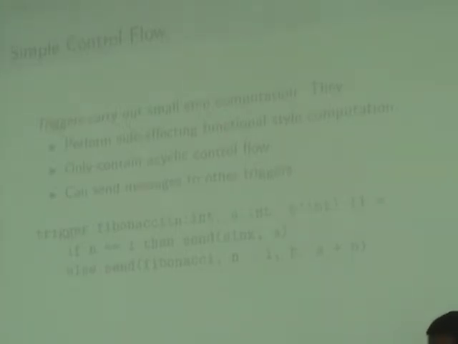A trigger is a function which accepts arguments and has access to a per process state. It can perform side-effecting operations on these arguments and the state, and is written in a functional style similar to ML.